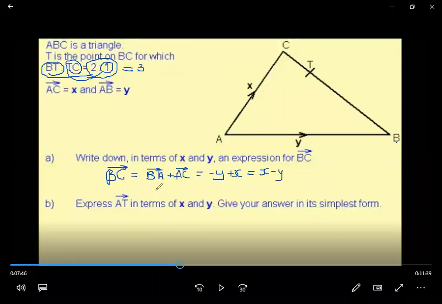Okay. So now we're going to talk about AT. And AT would be here. That's AT.